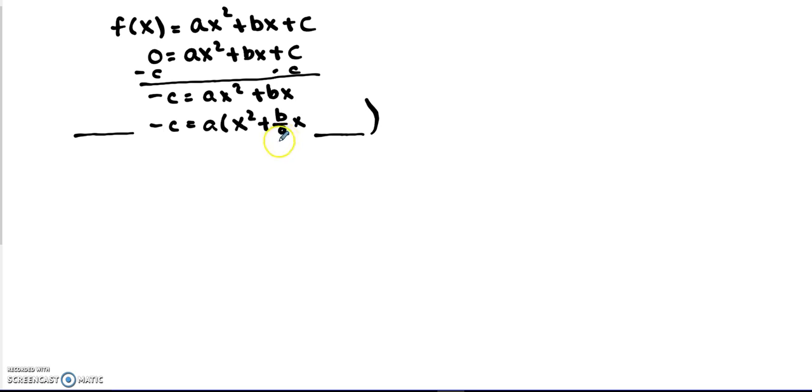divided by a, and we are going to divide it by 2, and then square it. So I'll do that over on the side. So we have b over a divided by 2. So divided by 2 is actually like multiplying by 1/2.